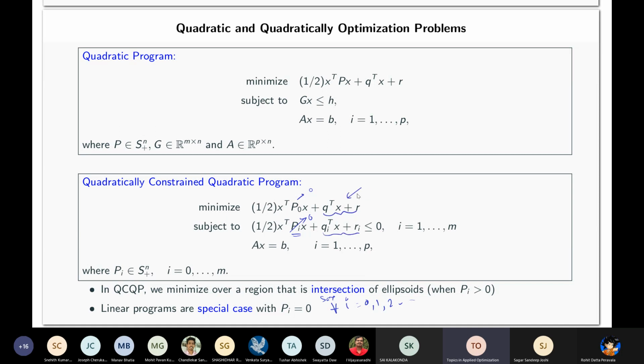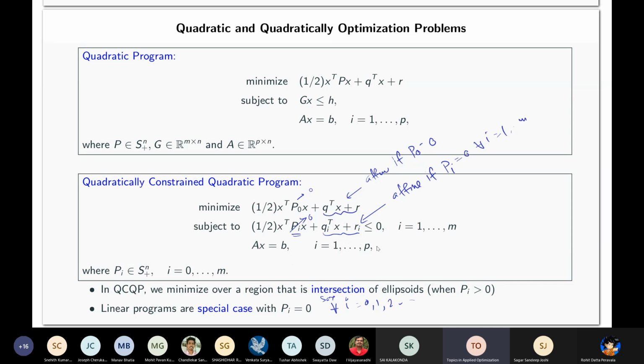In other words, this is affine if P0 is 0, and these are also affine if Pi are 0 for all i equal to 1 to m.